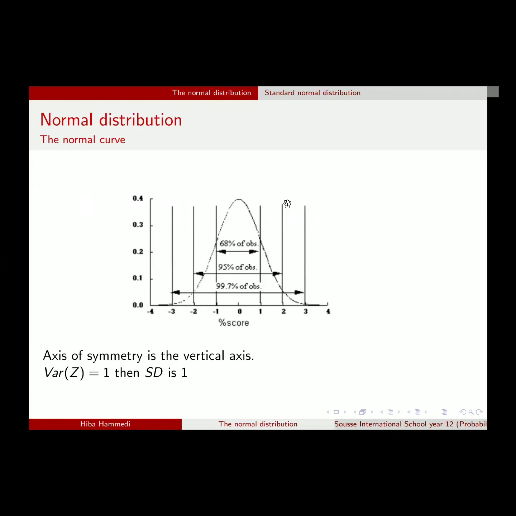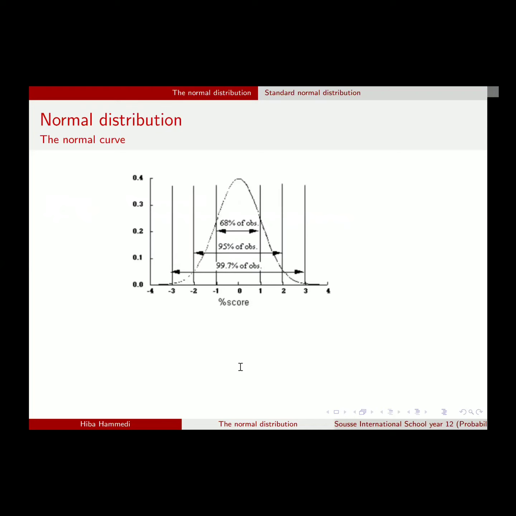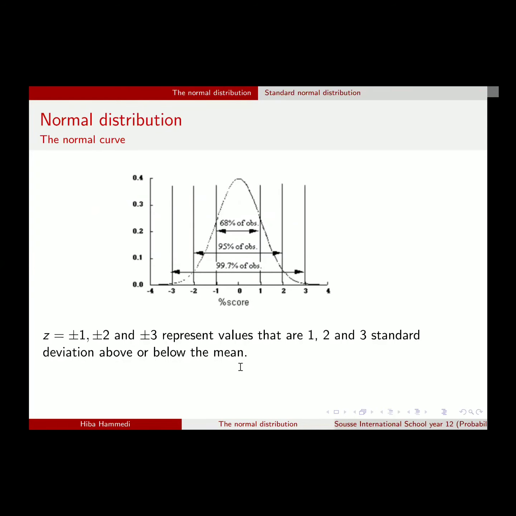The axis of symmetry is x equal to 0, the y axis, and the variance is equal to the standard deviation, which is equal to 1. And when we are talking about values plus or minus 1, plus or minus 2, and plus or minus 3, those represent values that are 1 to 3 standard deviations above or below the mean.